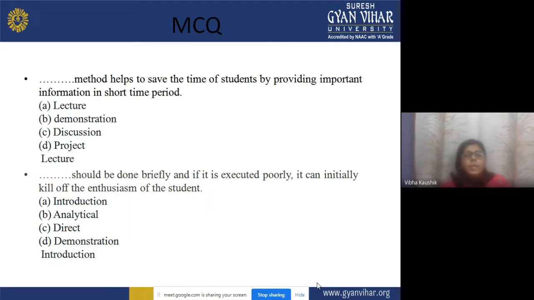Now, dash method helps to save the time of students. Now, which method saves the time of students by providing important information in a short time period? Means which method is that which saves the time of students, and it's saving the time of students in such a manner that all the important information is delivered to the students in a very short time duration.